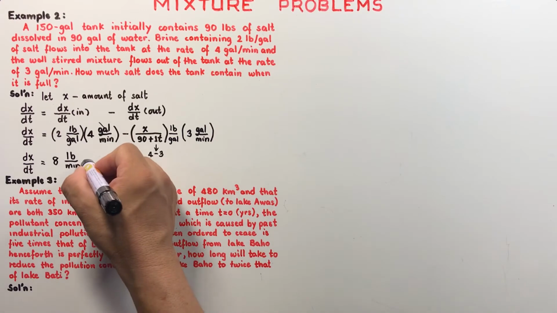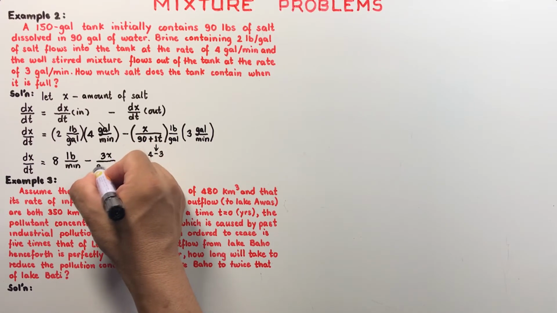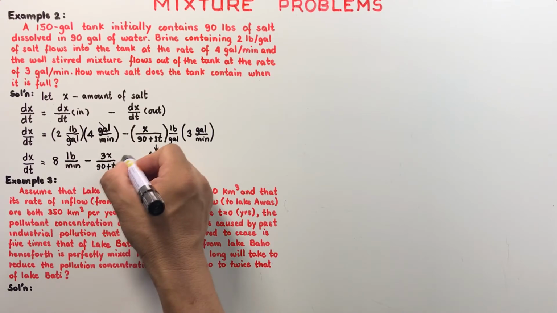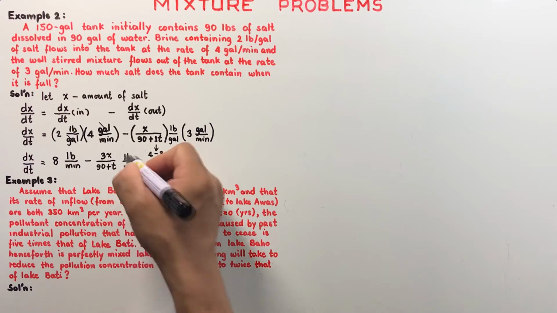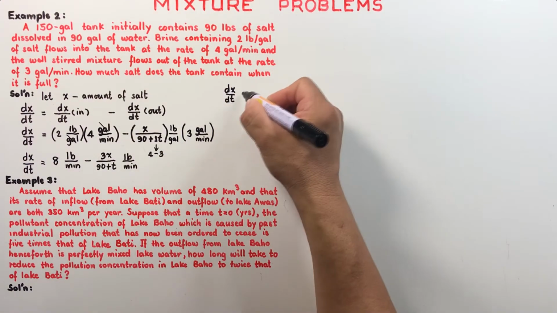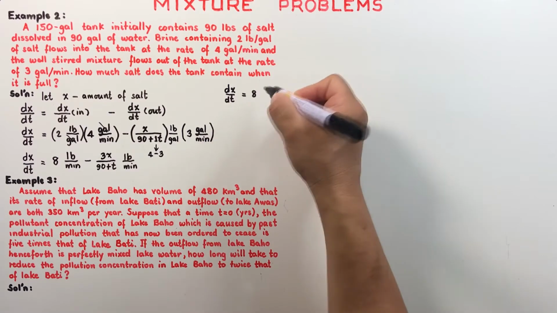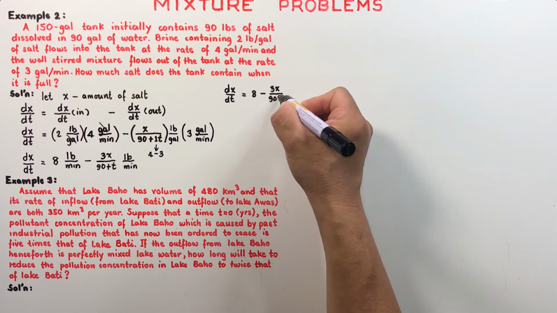But this will be subtracted by 3x over 90 plus t, and the unit is pounds per minute. So we have dx/dt as 8 minus 3x over 90 plus t.